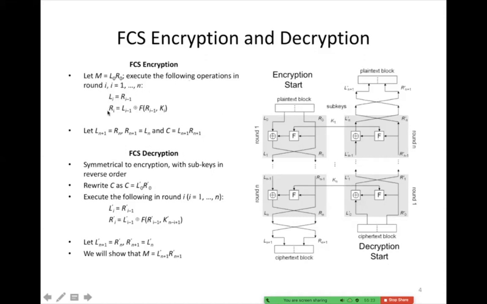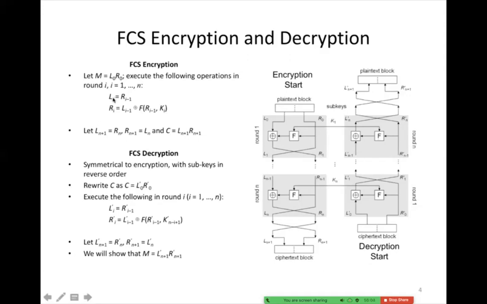If you look at this, you can see that the output of the first round of L0 R0 becomes L1 R1, right? Okay, so that subscript i indicates the input of the current round.